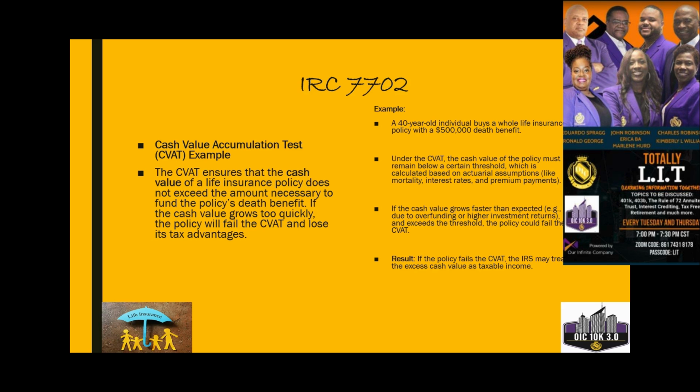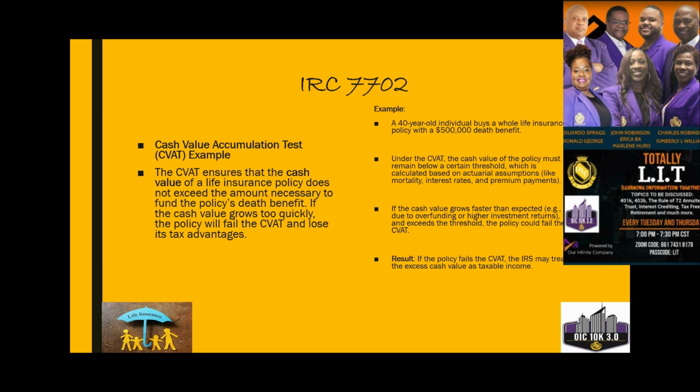And we know that on investments, we do pay taxes on the growth of that money, and it will trigger a tax situation. So, for example, a 40-year-old individual who buys a whole life insurance policy with a $500,000 death benefit, under this test, the cash value of the policy must remain below a certain threshold, which is calculated based on actuarial assumptions like mortality, interest rates, or even the premium payments of how they fund this life insurance policy.